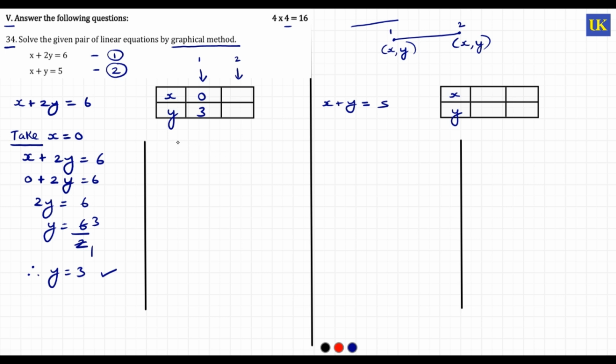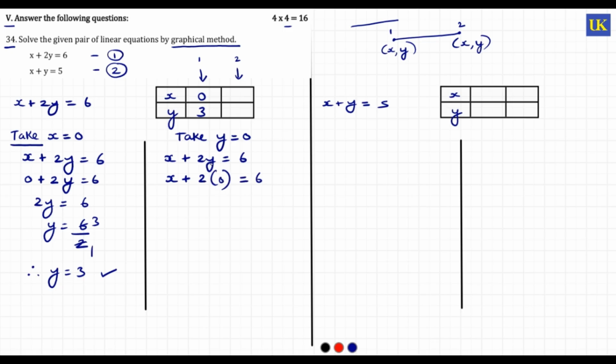Now for the second time, we can assume anything. We can take the value of x as anything, or the value of y as anything. Okay, it is your choice. So let's now take y is equal to 0. We'll write the equation x plus 2y is equal to 6. This time I am assuming y's value as 0.